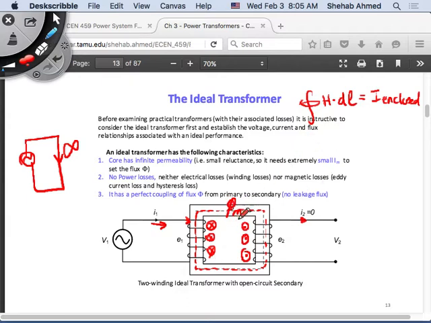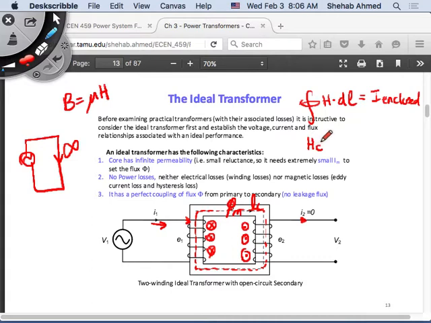But basically, what this is saying is that the length of this path is the length of the core, and the magnetic field intensity enclosed we'll call Hc, in the core. We said B equals mu times H, right?